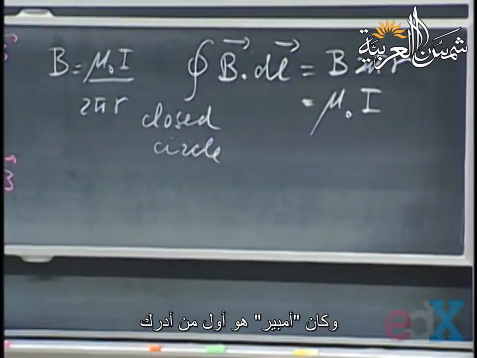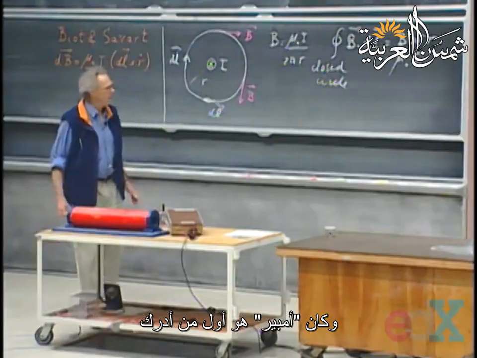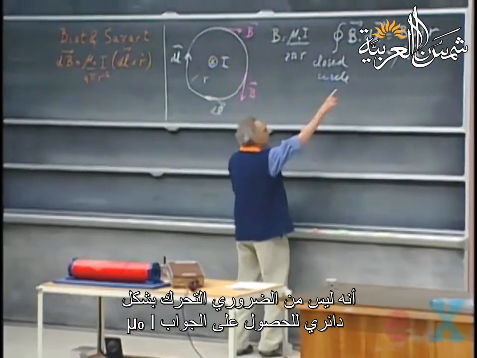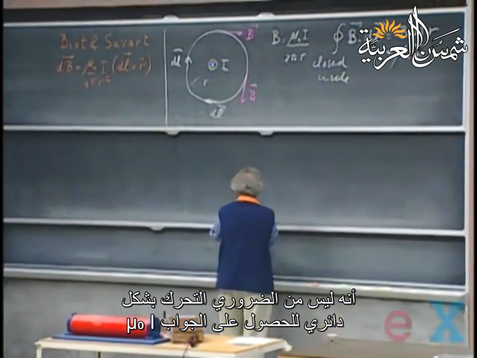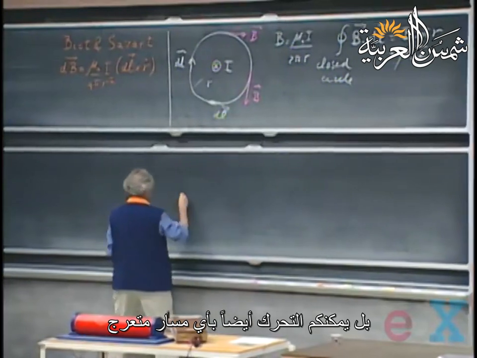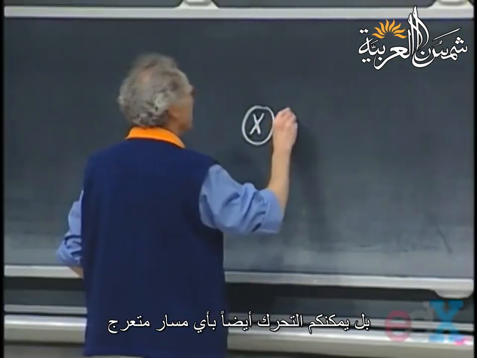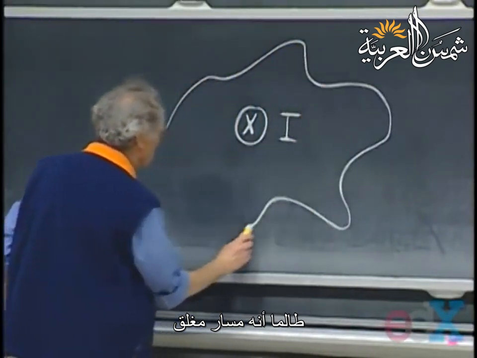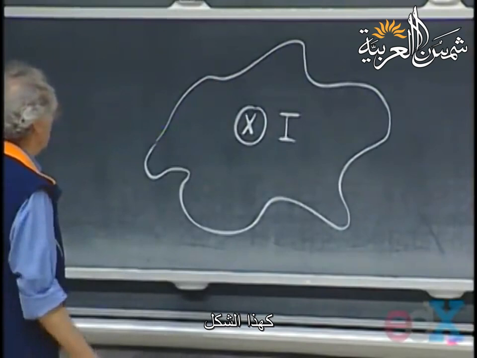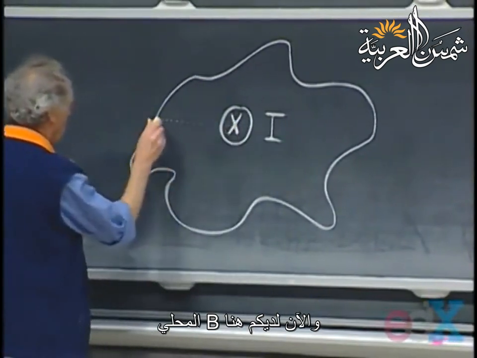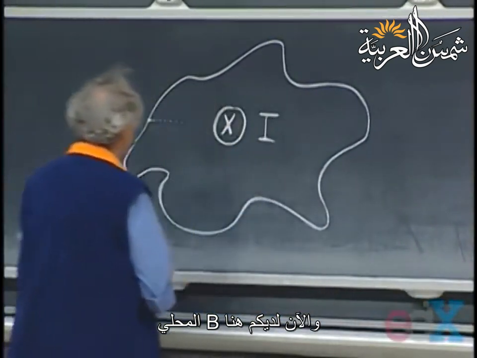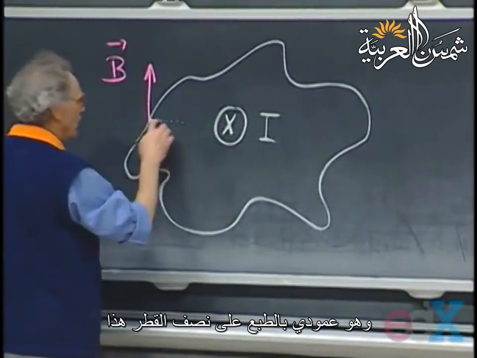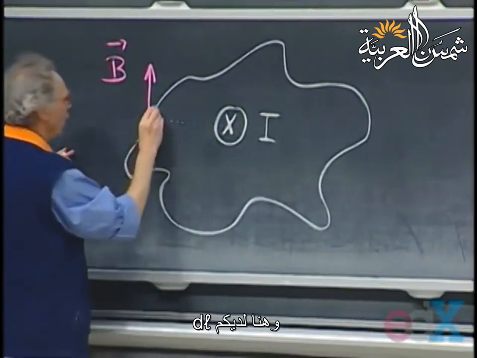And it was Ampere who first recognized that you don't have to walk around in a circle to get the answer mu 0 I, but that you could walk around in any crooked path as long as it is a closed path, something like this. And now you have here the local B, which of course is perpendicular to this radius, and here you have your local dl.